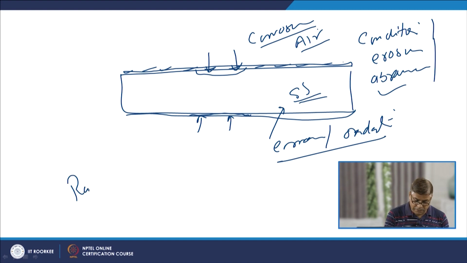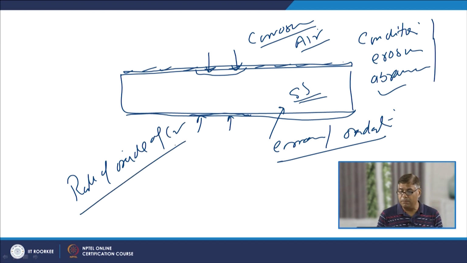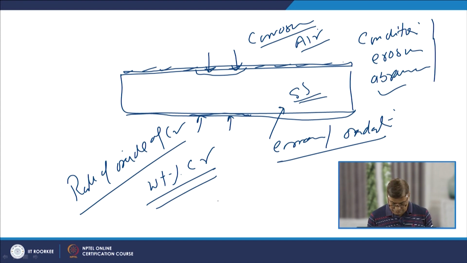The rate of oxidation, meaning how fast the oxide of chromium will be formed once it is removed or damaged, will depend upon the weight percentage of the chromium present in the steel.